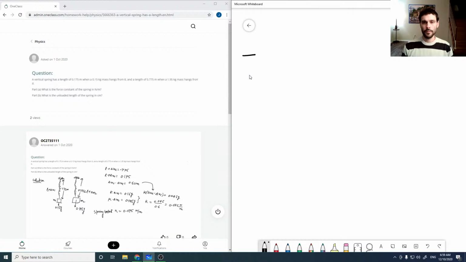So we have a spring hanging from a rooftop and being suspended by some mass, and we're going to take 0 as this roof here that I've drawn, and the length is 0.175 meters when M1 equals 0.15 kilograms.